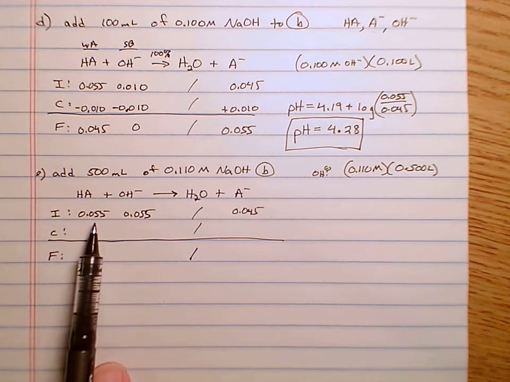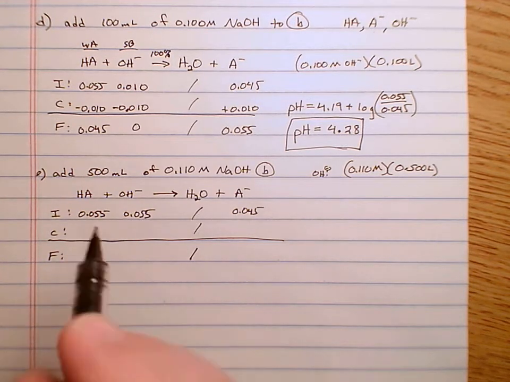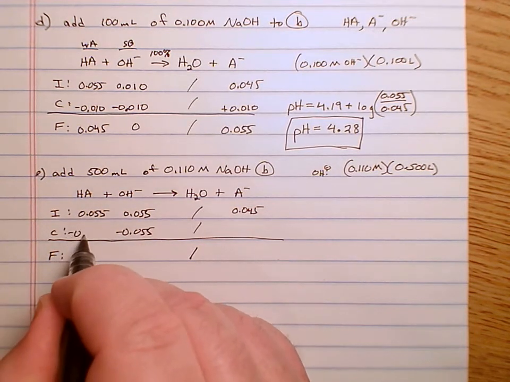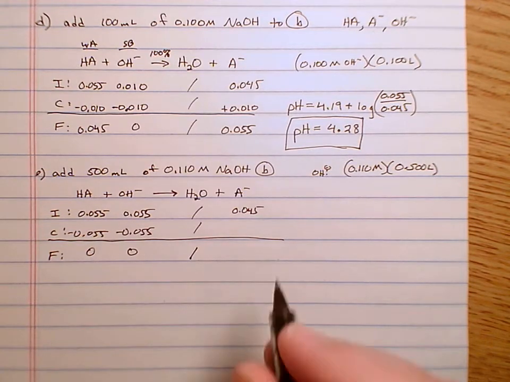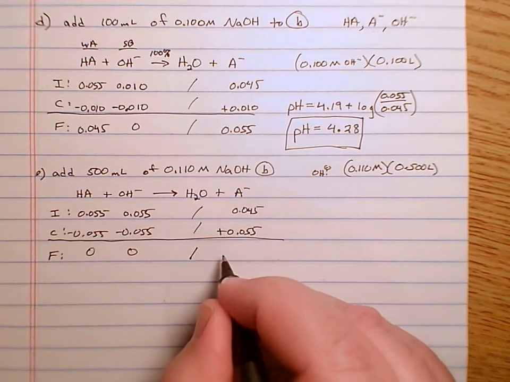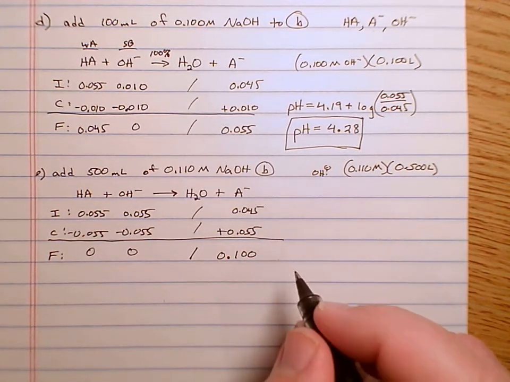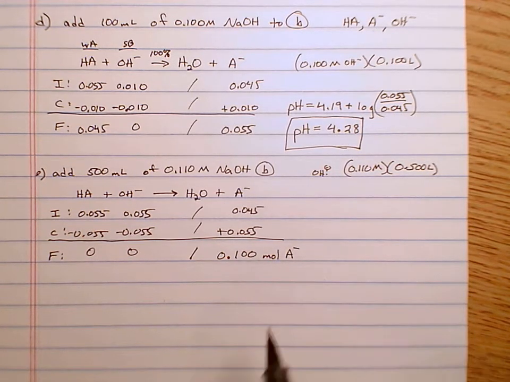We have 0.055 moles of hydroxide, we have 0.055 moles of acid. You're going to subtract 0.055, same number. That has no HA, no OH minus. We have to add 0.055 because this is the product. And that gives us 0.100. And note that is moles of A minus.